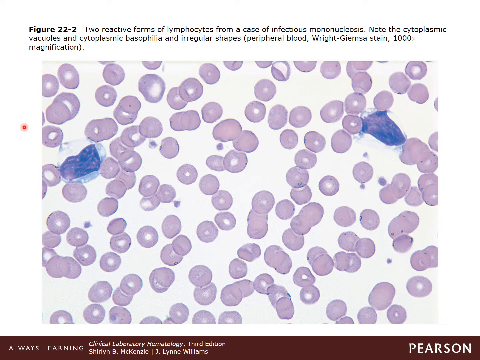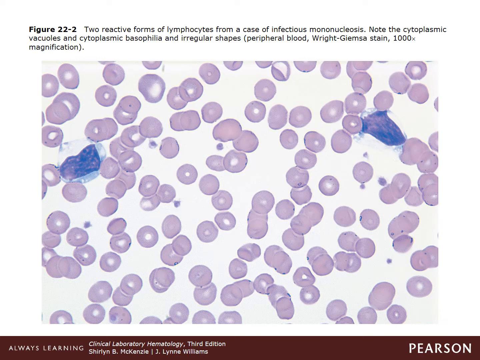This is where the lymphocyte count can go from 12 to 25, primarily because of the absolute lymphocytosis. It usually lasts 2 to 8 weeks, and lymphocytes are over 50%, and greater than 20% of them are reactive, this form of reactive lymphs in infectious mono.